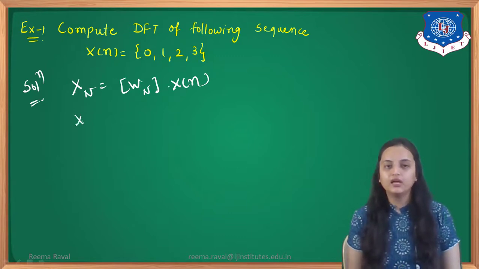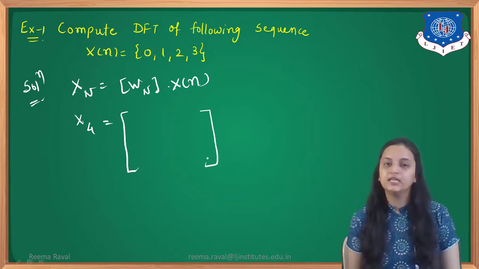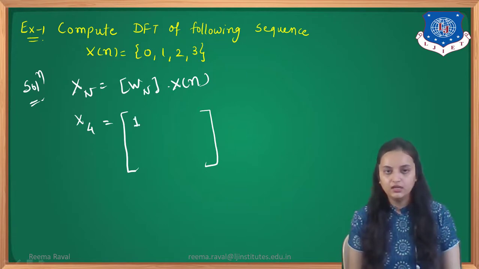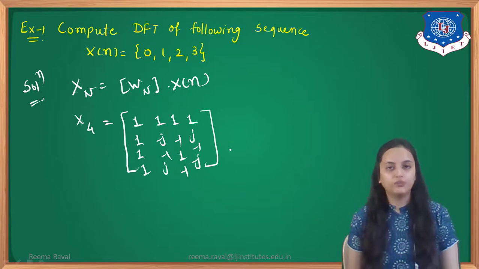Now here as we are finding the 4-point DFT, X4 will be equal to the 4 cross 4 matrix, that is the linear transformation matrix, which is fixed, where horizontally 4 ones are there, vertically 4 ones are there. Then here -j, +j, +j, -1, -1, -1, -1, and here it is 1.